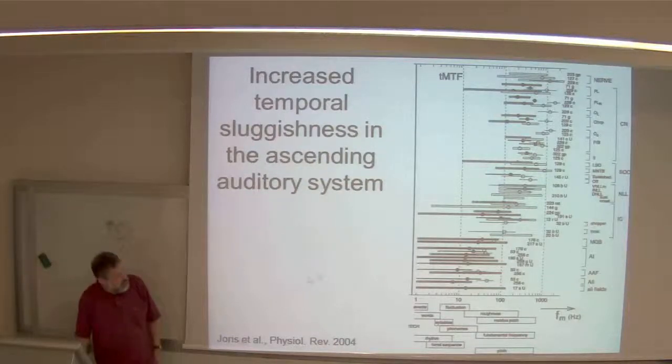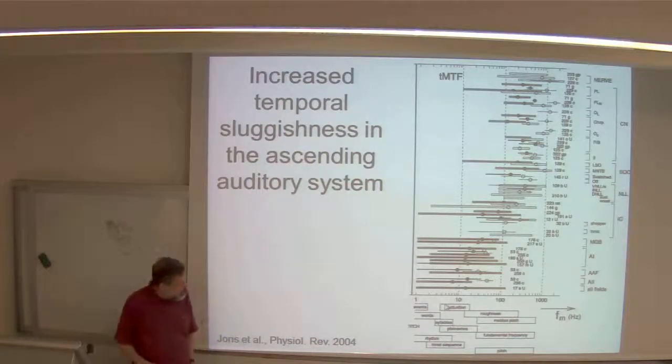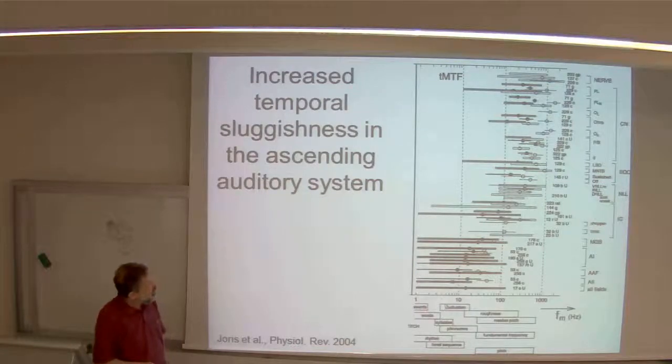Okay, and when you do the same experiments in the nerve and in the auditory cortex, the conclusion is that auditory nerve neurons actually follow better the fast events in the sound waveform than neurons in auditory cortex.